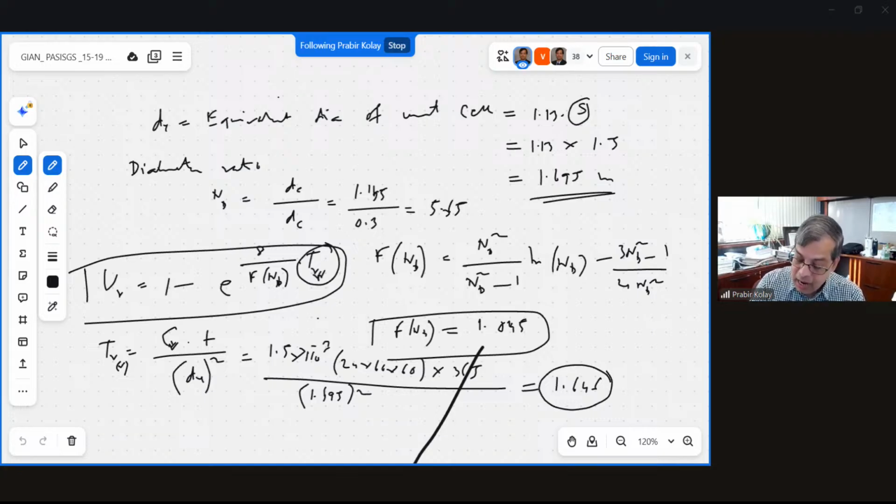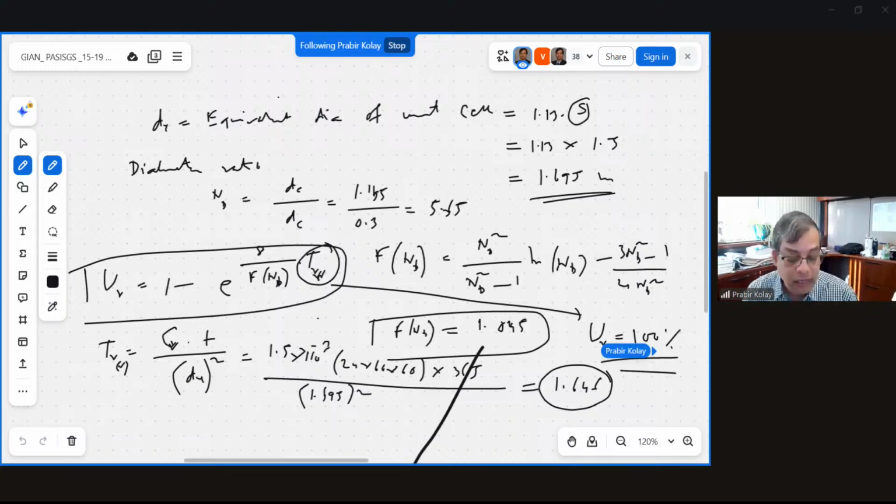So U radial will be 1 minus e to the power of minus 8 divided by F and D, which you already calculated as 1.045, multiplied now with 1.646. If you calculate that, you will get around 100%. So basically what happened is when you use sand drain, the degree of consolidation is increased to 100%.